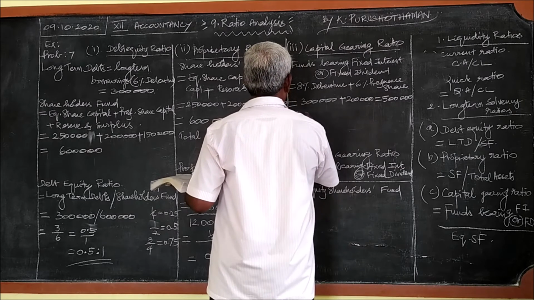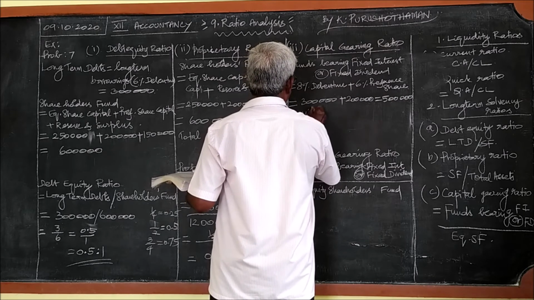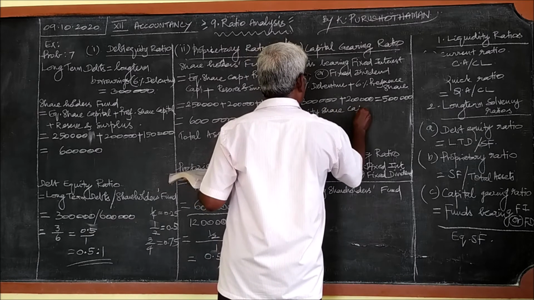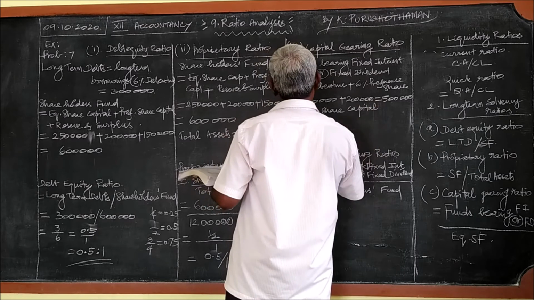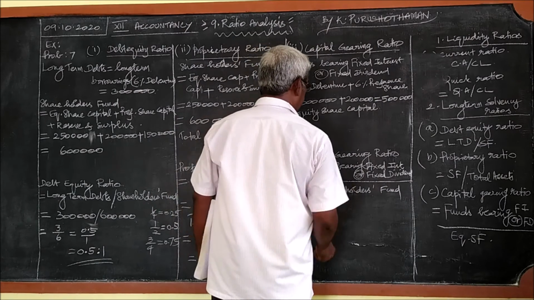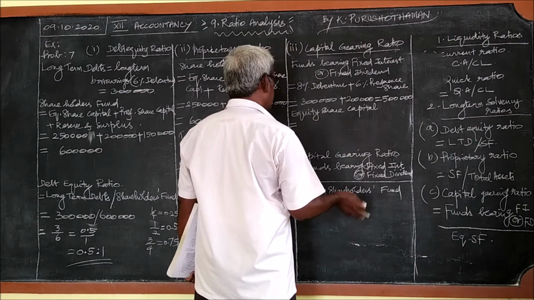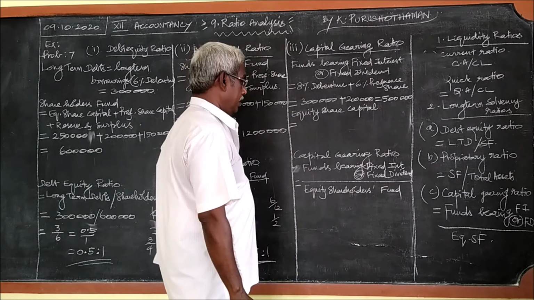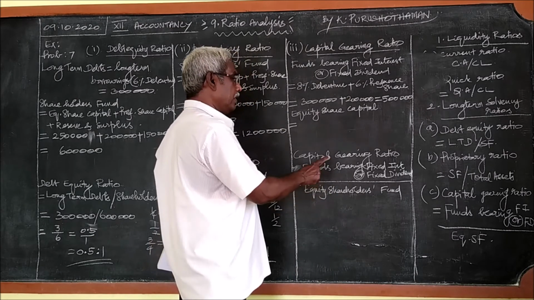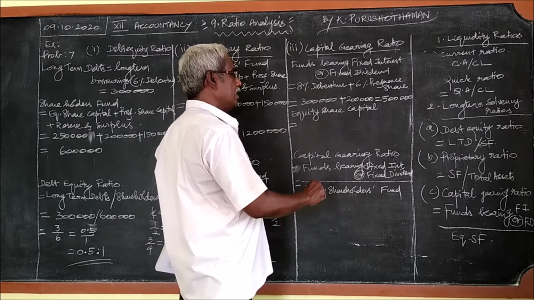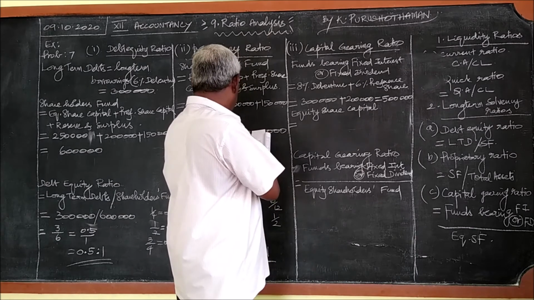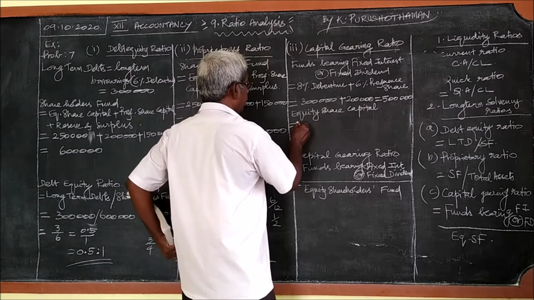And the denominator, equity share capital. If it is generally given shareholders fund, all types of shares plus reserves and surplus. If it is given equity shareholders fund, the formula is given as equity shares only, plus as usual reserves and surplus. So what is the amount of equity share capital? 4 lakhs.